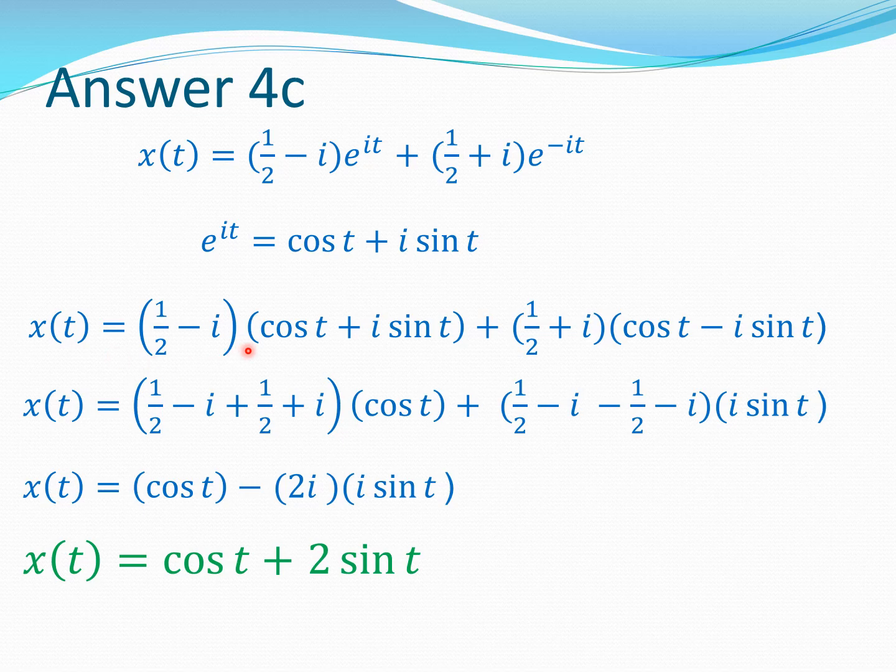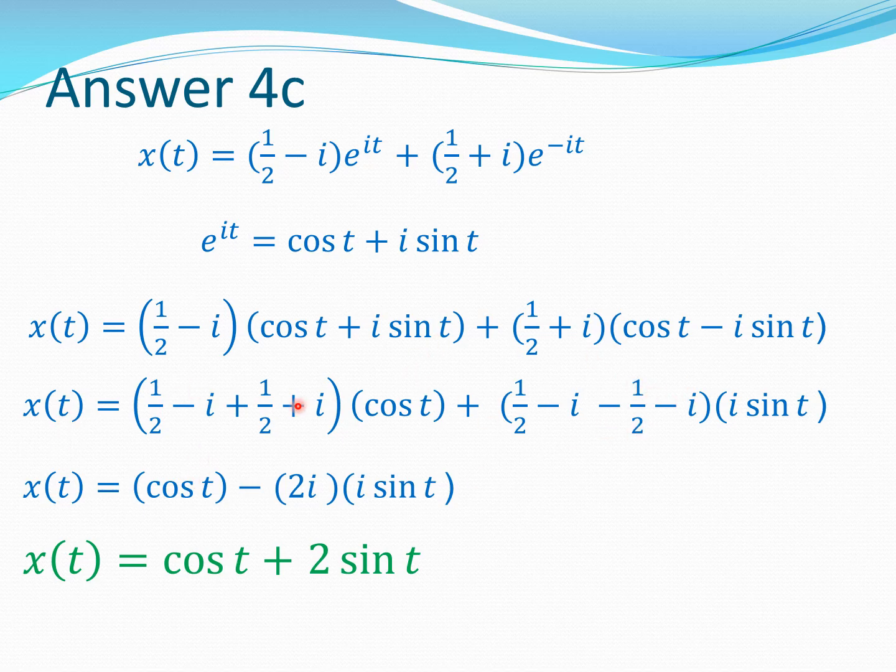After this, I can take cos t and bring all the coefficients of cos t, so it will be half minus i and half plus i. I put all these together. I take the i sin t term and again bring half minus i, and minus half minus i here. I get this term here.